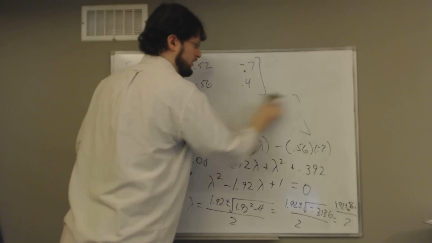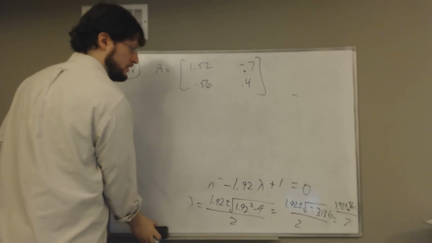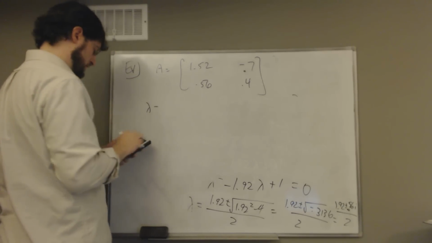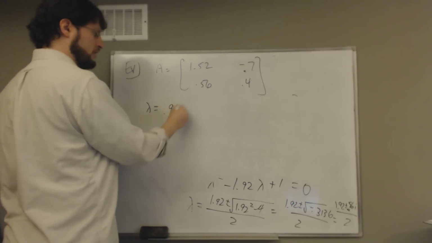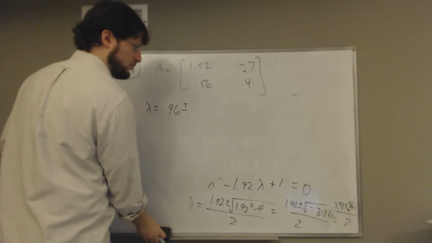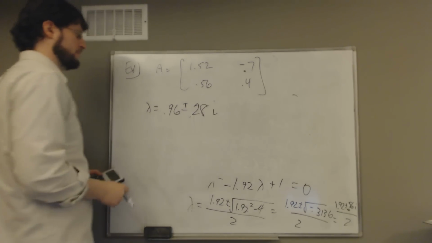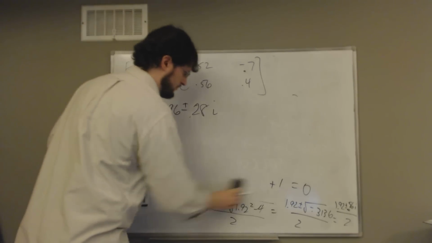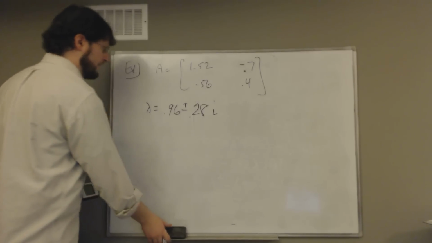And so now we get our 2 eigenvalues. Lambda is 0.96 plus or minus 0.28i. So there are my eigenvalues.